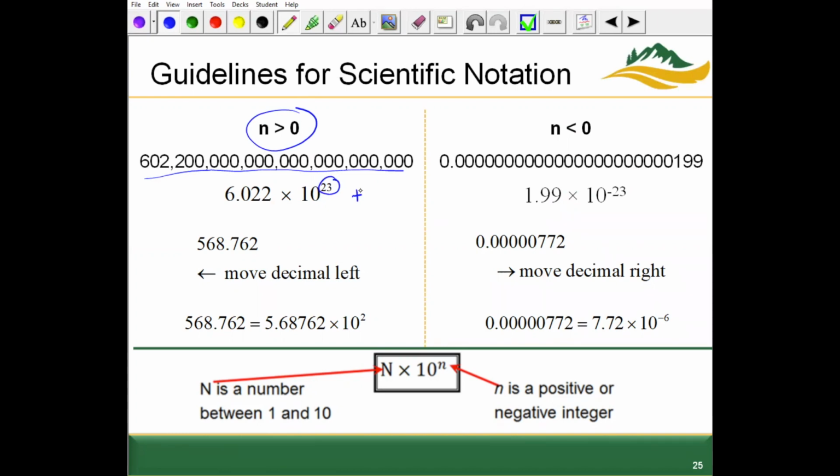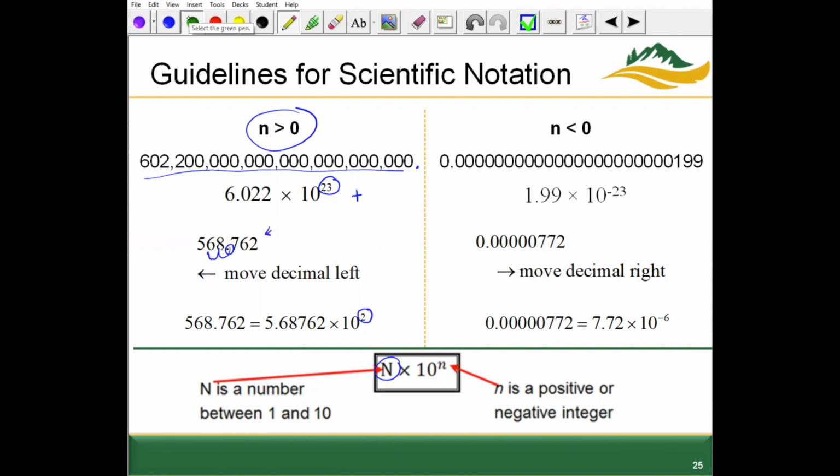Also, to get that positive exponent, we would take the placement of the decimal point being here or here, and then we move it over 1, 2. We want just one number on the left-hand side of the decimal point, and then we would say times 10. And then because we move that decimal point over 2 times, we have a 2 here.